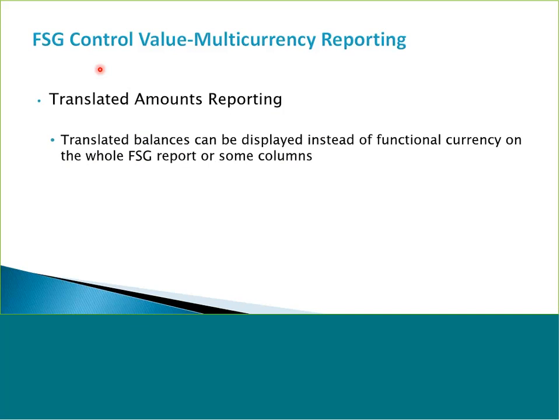So you can create reports which show translated amounts either on some columns or on all the columns if that is the requirement. And in order to do that, we also need to use the control value so that we can tell the system that in this column we want to see translated amounts and not functional amounts, which is the default.